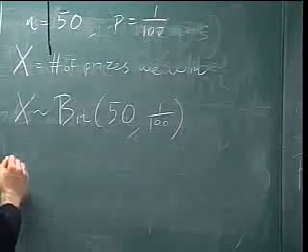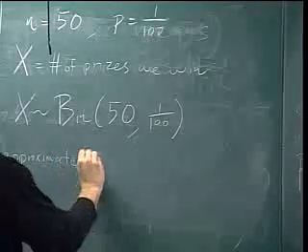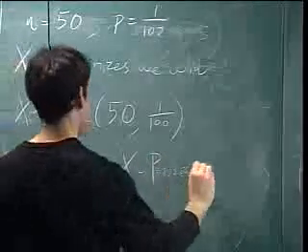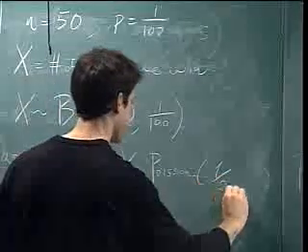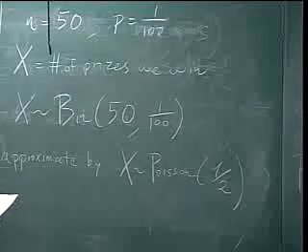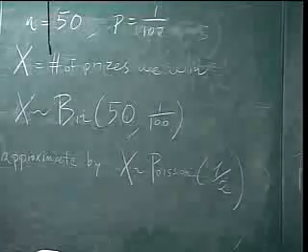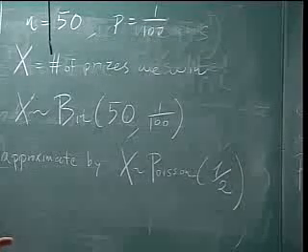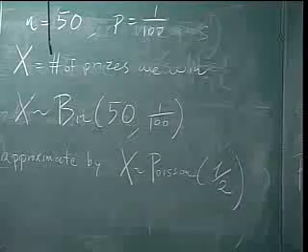So we approximate by x being Poisson, and now n times p is just 1/2. Oh, and also another difficulty with binomial is that if n is very large, there is no computer that would calculate huge factorials, or at least quickly.